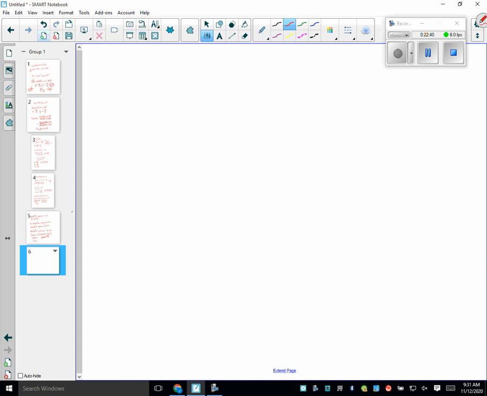So if I have secant squared x minus tan x equals 1, I would change secant squared x to 1 plus tan squared x, and then I'd also move the 1 over.